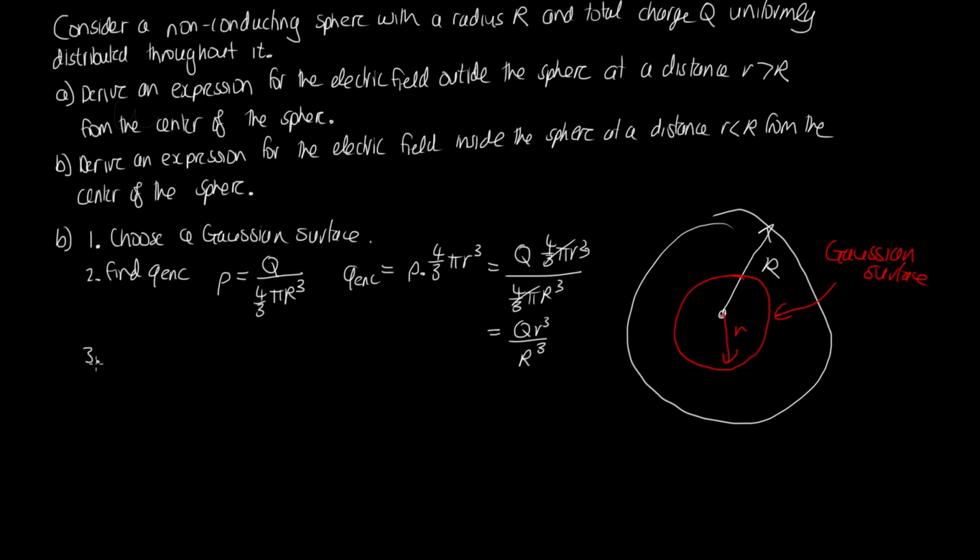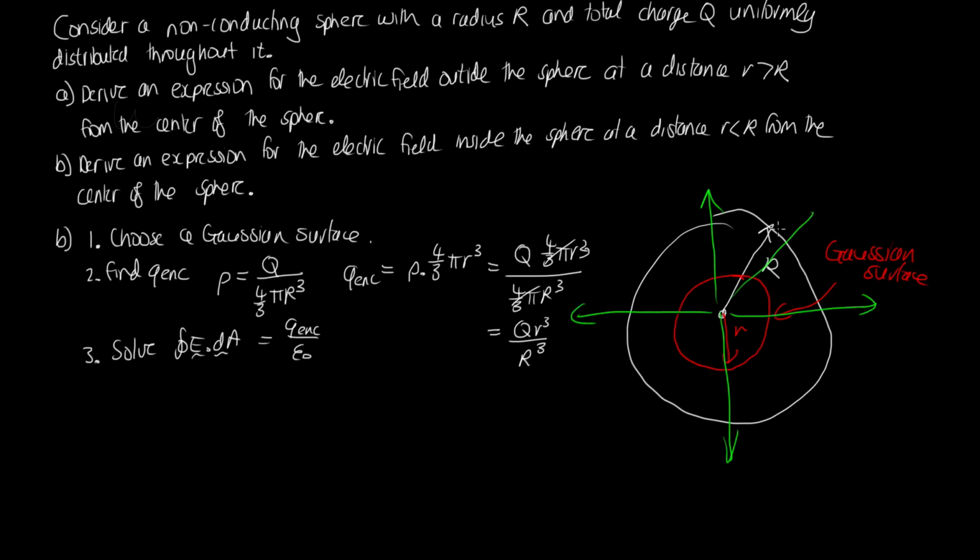Now in part 3, we solve Gauss's law. E dot dA is equal to Q enclosed over epsilon naught. Now, once again, we would expect our electric field to be heading out like this, evenly distributed and away from the center of our sphere.